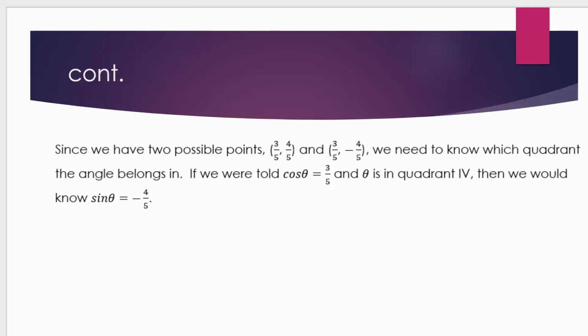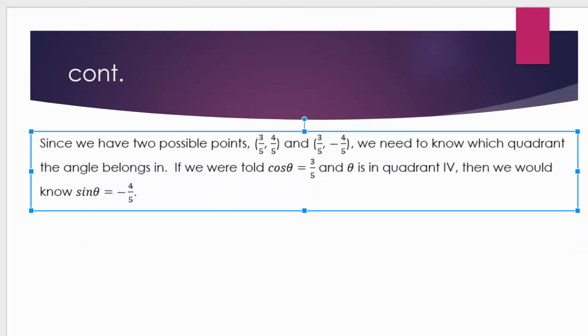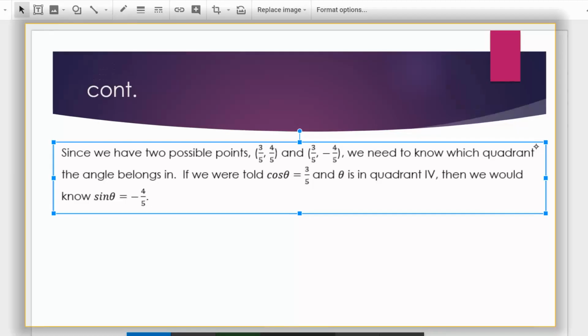Since we have two possible solutions, this solution here and this solution here, if we're told that the angle is in quadrant 4, then we know that sine theta is actually the negative value, not the positive one.